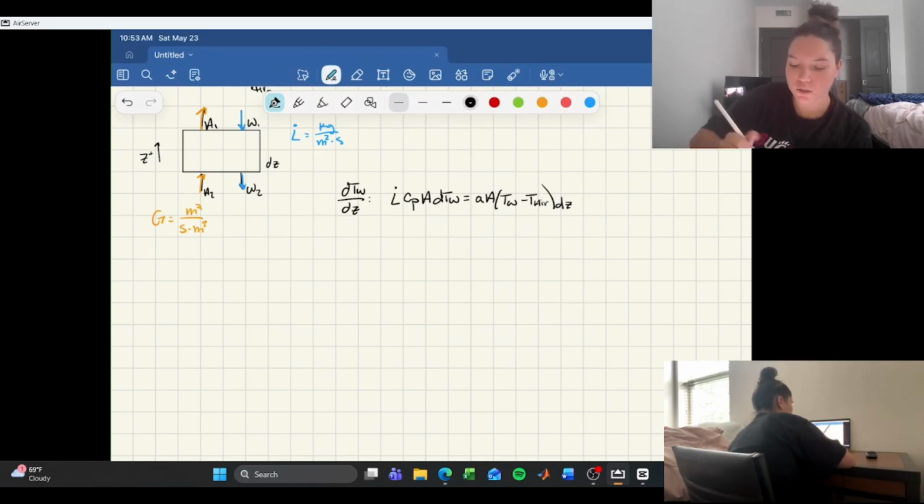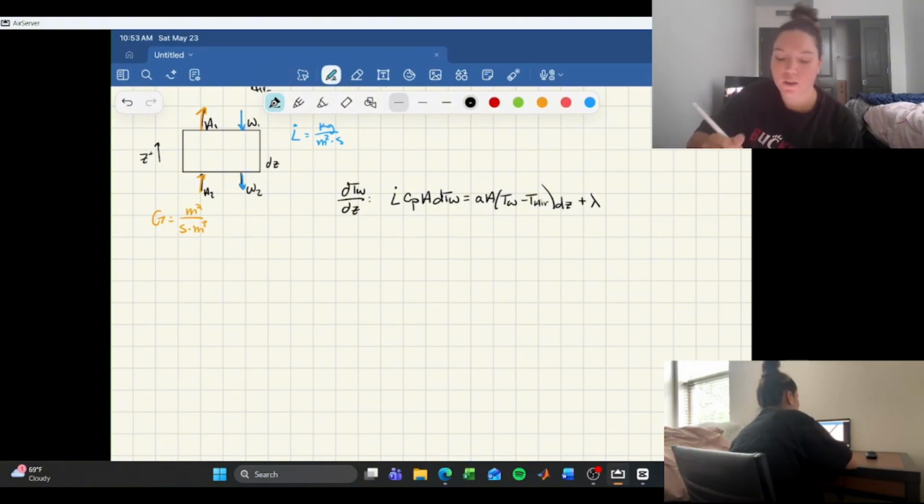We're going to add this to the mass transfer equation. And so we said before that we need the enthalpy of vaporization. That was in the last video. We're going to multiply that by the packing times the area, which is the volume.